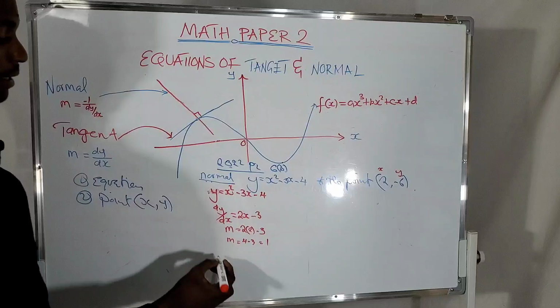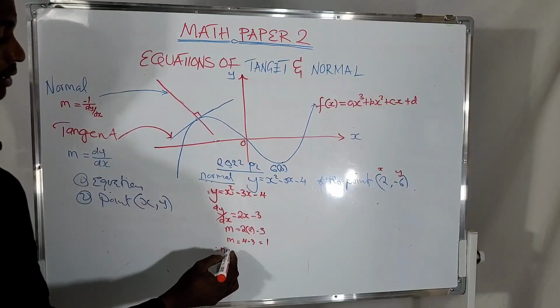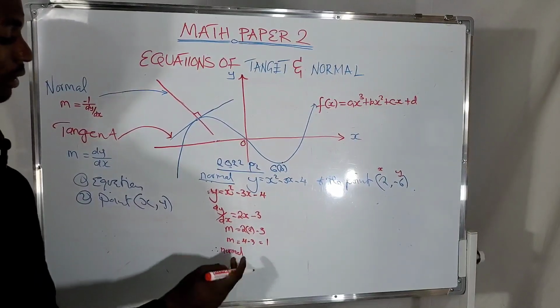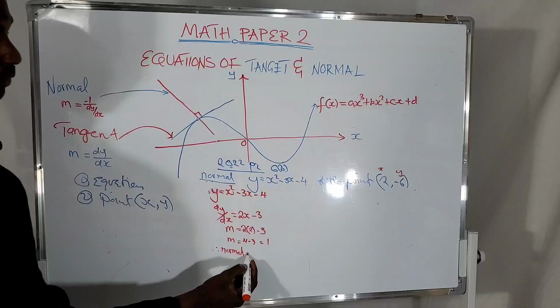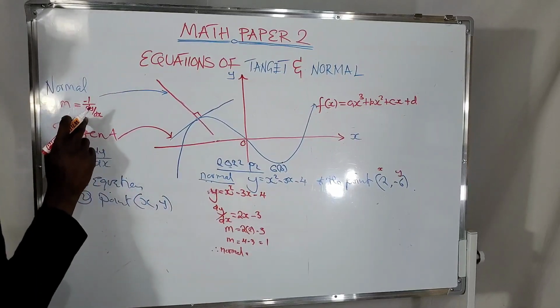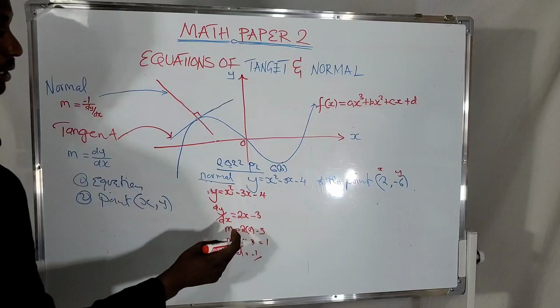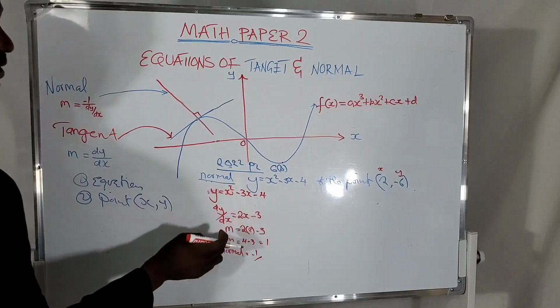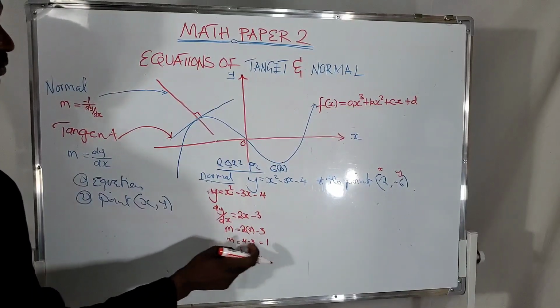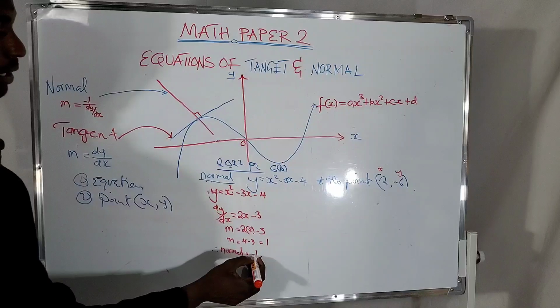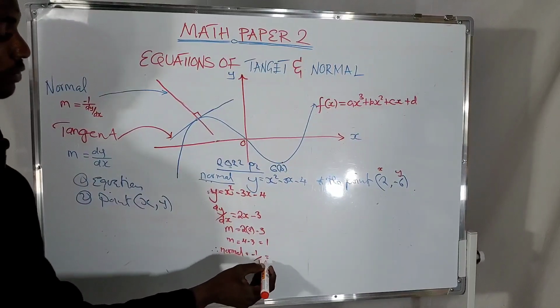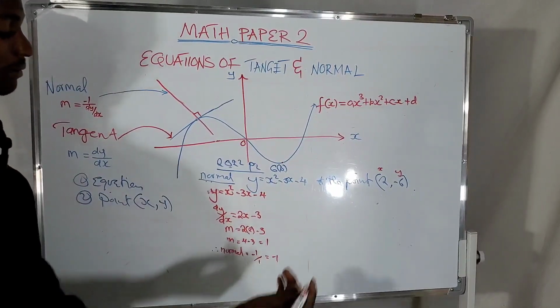Now, since it's the equation of the normal, don't forget: we say negative 1 over dy/dx. The gradient we found is 1, so negative 1 over 1 is just negative 1.